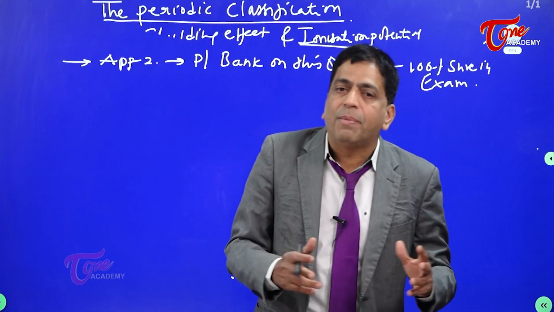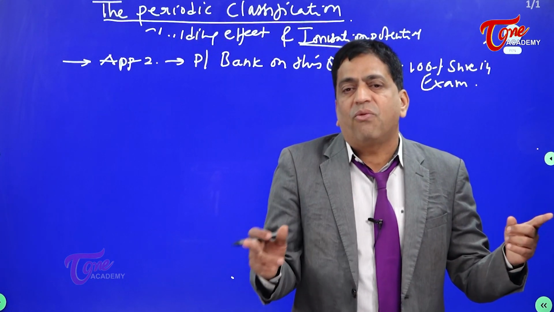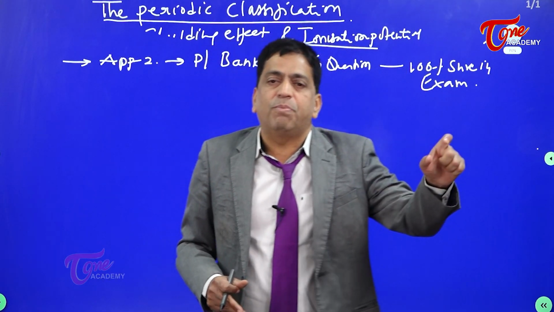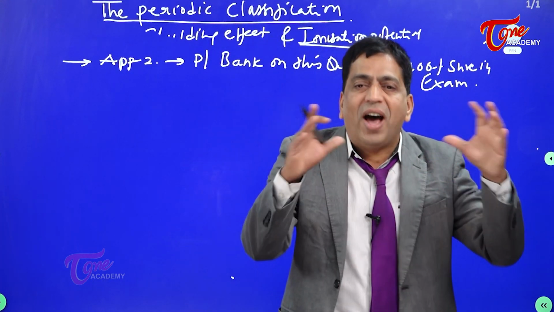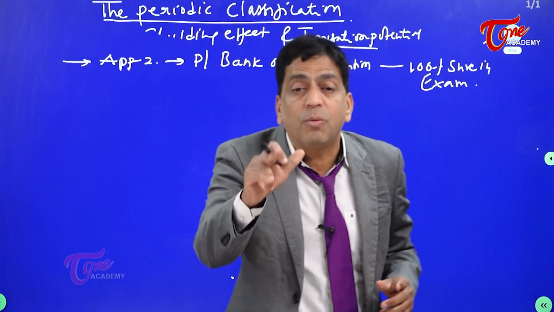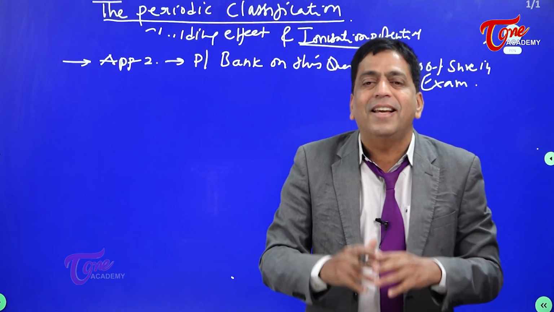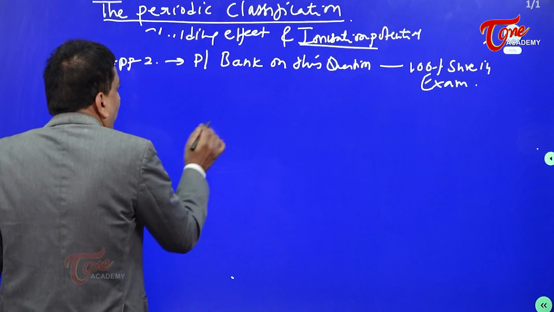So, there is a link between ionization potential values and the number of valence electrons, and hence the group number. Remember that the ionization potential values reflect the number of valence electrons present in the outermost shell of an element, and that indirectly tells you the group number, right? So what I mean, I will write it here.